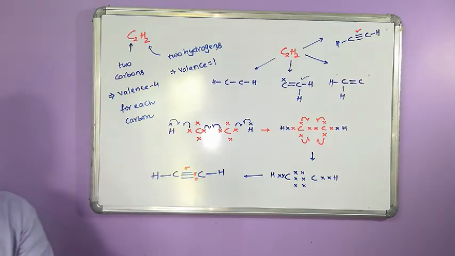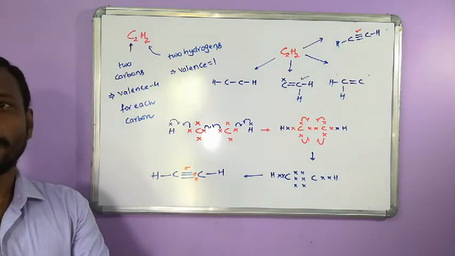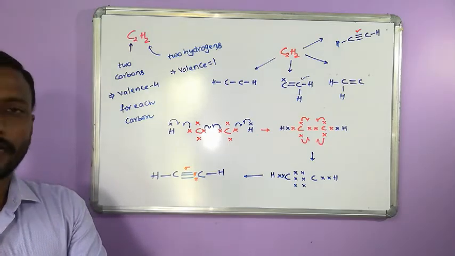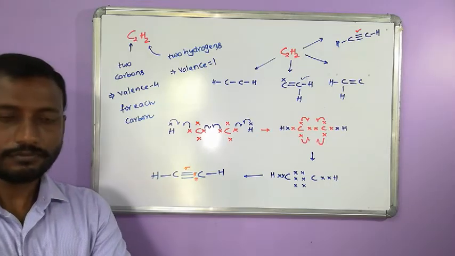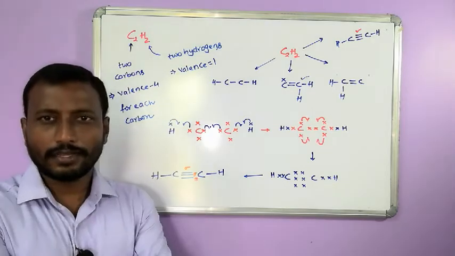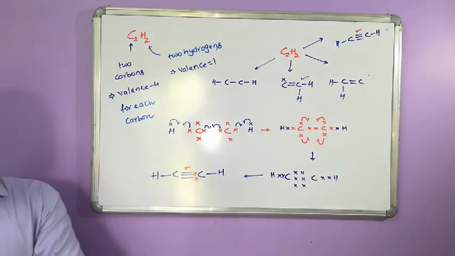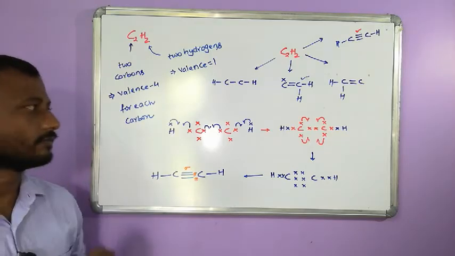Organic chemistry deals with the compounds of carbon with hydrogen, oxygen, sulfur, nitrogen, etc. Carbon should combine with hydrogen; then only you can call that compound an organic compound. If there is no hydrogen in the carbon compound, it is not an organic compound, remember.